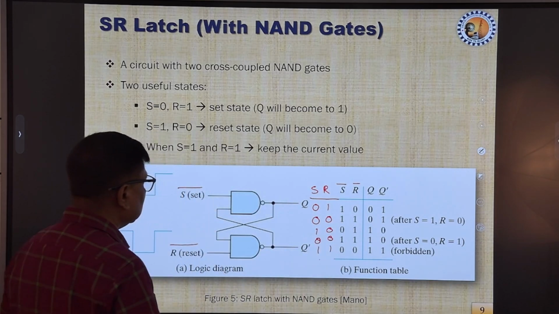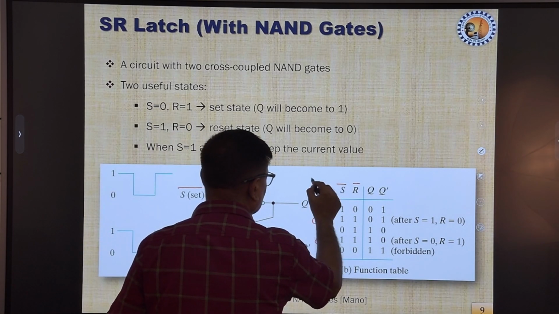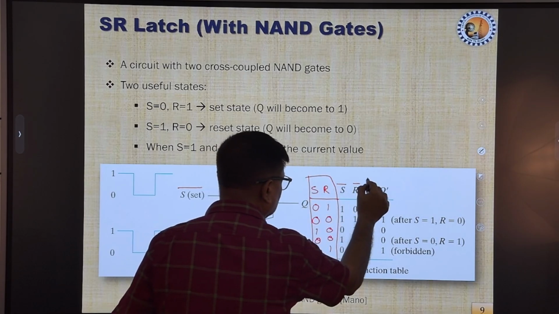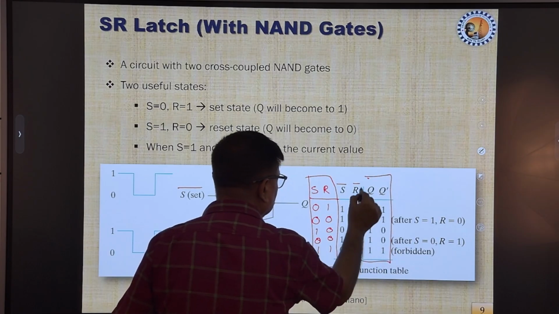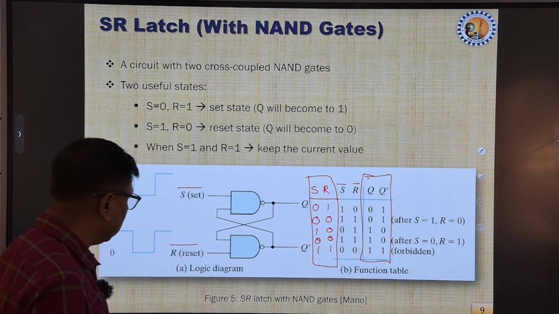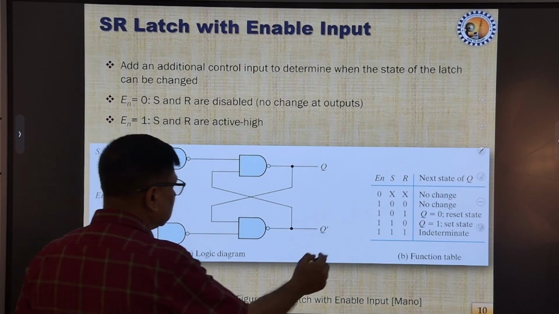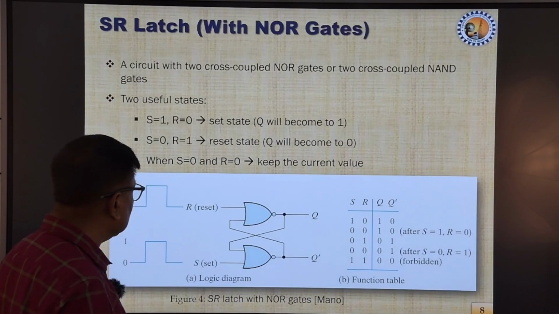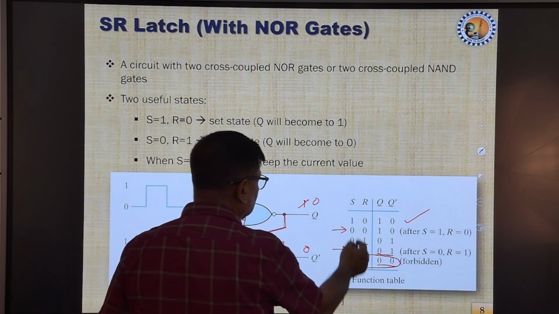So now this is matching. If we see these 2 columns and these 2 columns, it is exactly matching with the previous slide.